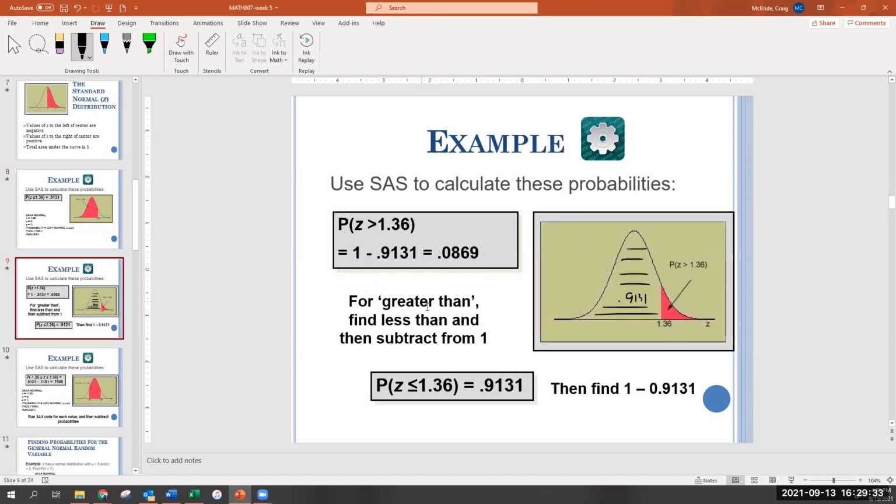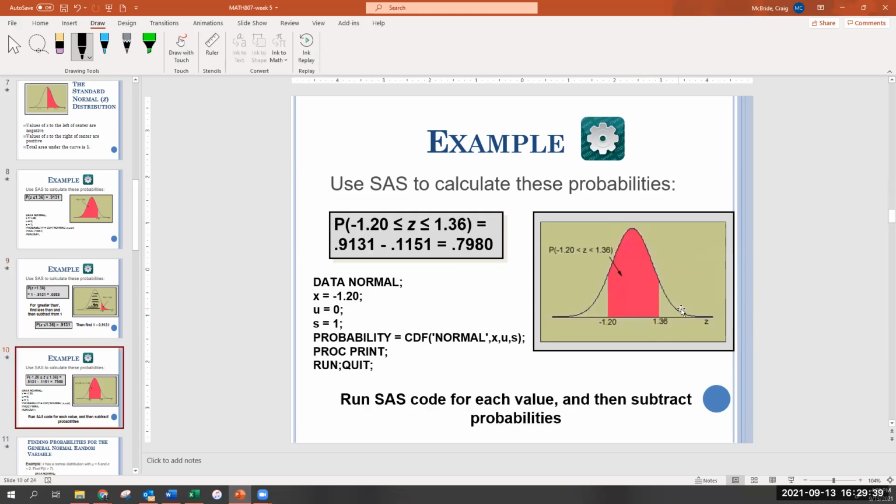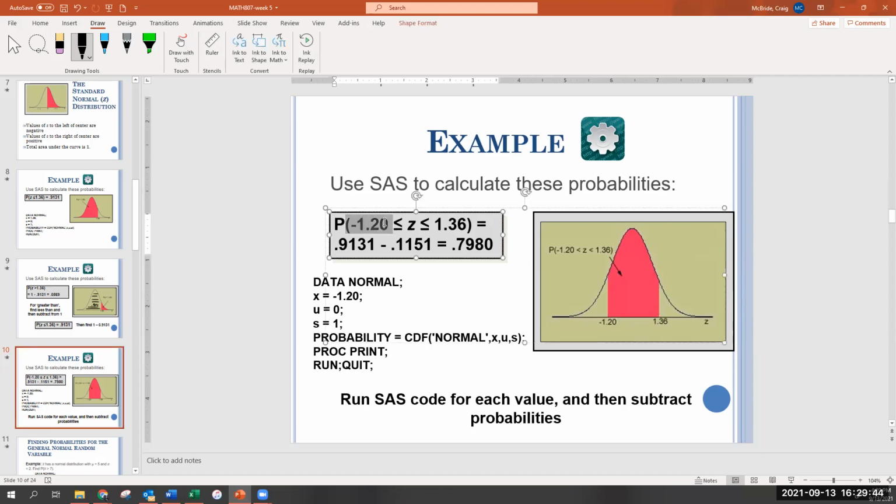If you're asked to find a greater than, you run it and subtract from 1. If you're asked to find an in-between, you have to run it on both of the endpoints, and then take the difference of them, the bigger one minus the smaller one. So when it's less than, we don't have to subtract from one? No, you never have to subtract from 1 for this example. Okay, got it, thank you. Yep.